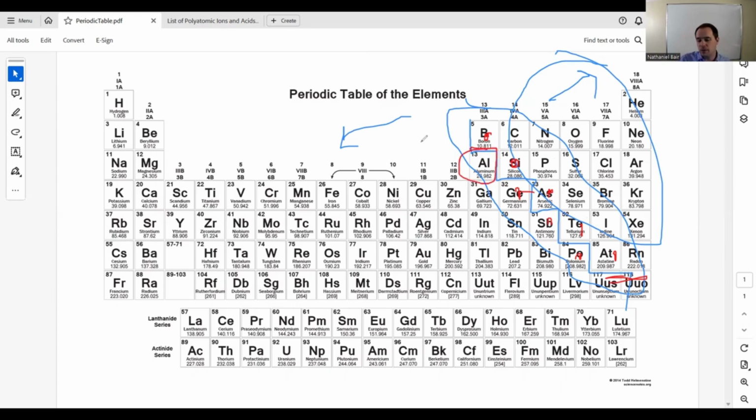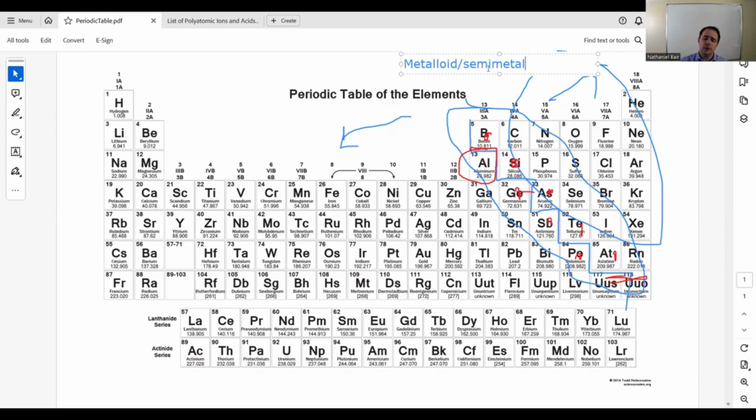Aluminum is not a semi-metal. The other name for semi-metal, by the way, is metalloid. I'll write that out. That's kind of the old-fashioned term for semi-metal, but it hasn't gone away. So metalloid or semi-metal. Aluminum is just a metal. So aluminum is the only one of the elements that borders that staircase and is not a semi-metal or metalloid.